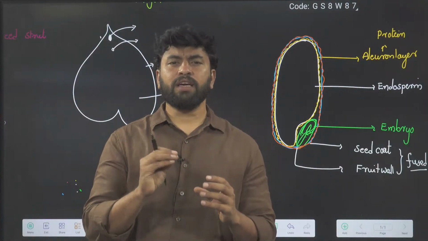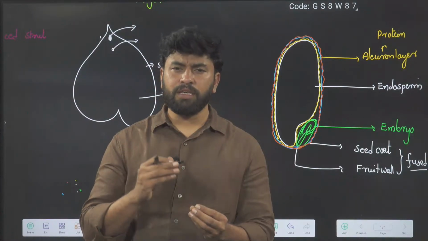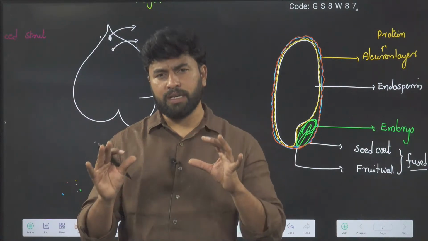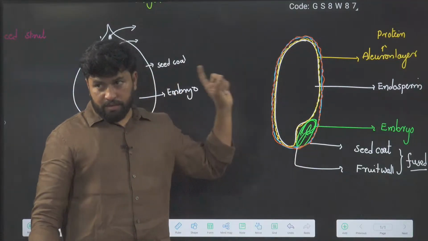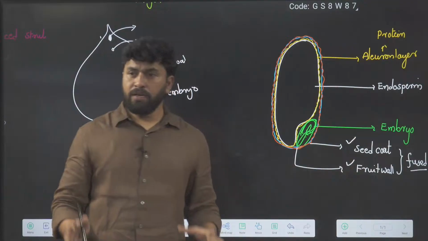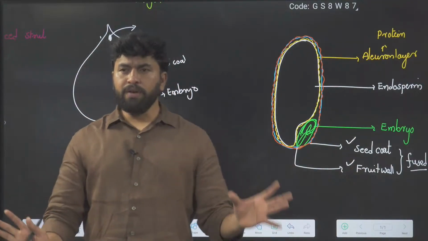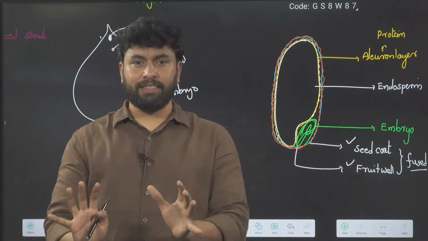That single seeded fruit is sometimes called caryopsis, sometimes cypsela, a variety of names are there. Anyhow, monocots have seed coat and fruit wall both fused together. Whenever both are fused, that is the reason behind the formation of husk.